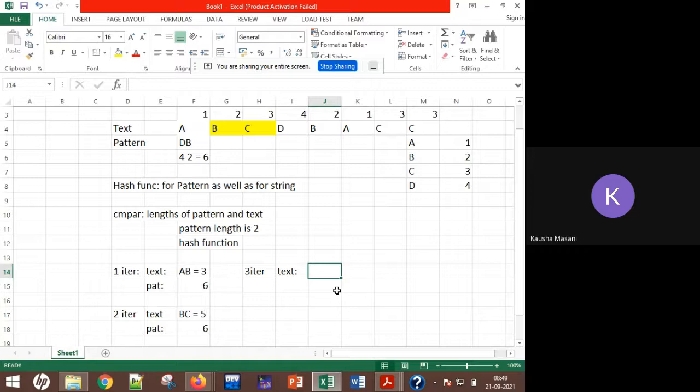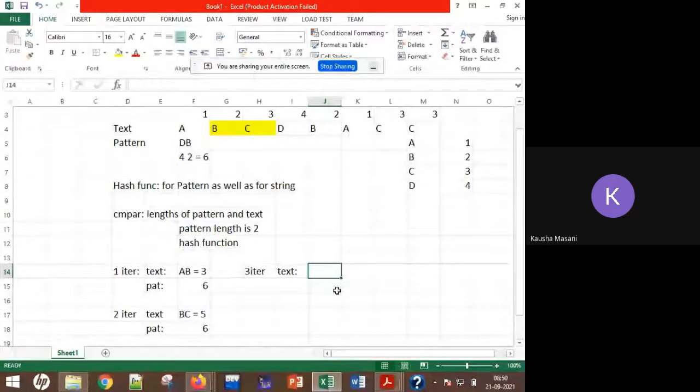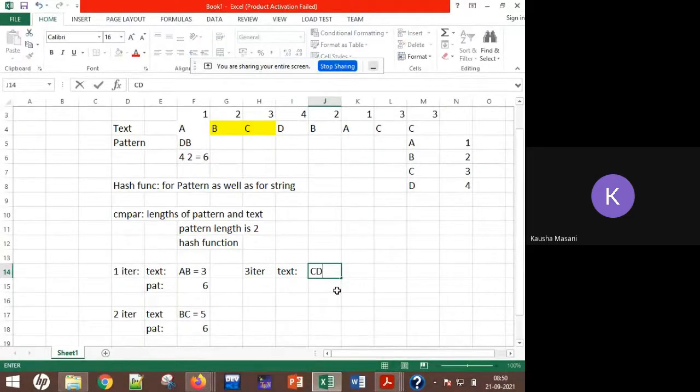I just want the text value, not the hash value. Which will be the two text values? C and D. And the hash function for it will be 7. Pattern hash function is 6. So again, not a match. So again, we will go one step ahead.